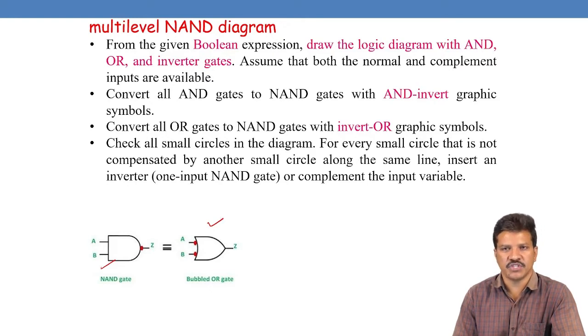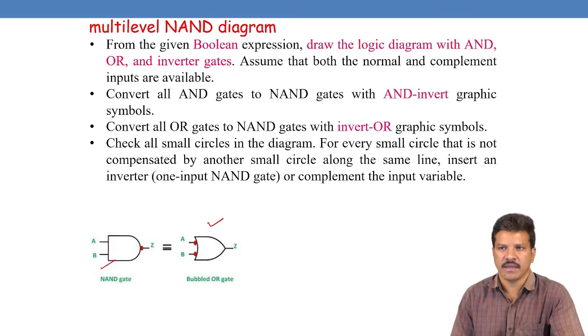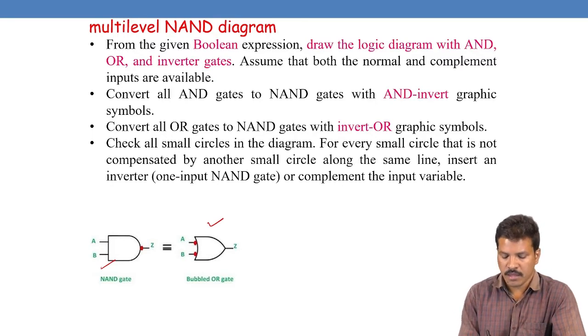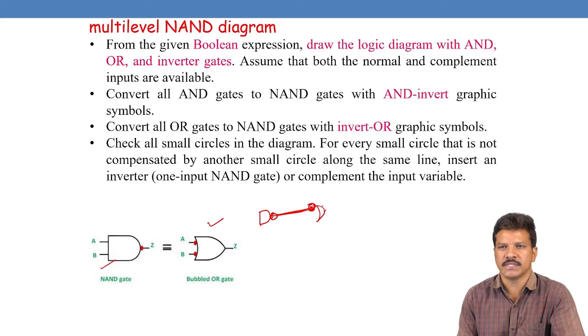Then, third step, we need to check all small circles in the diagram. For every small circle that is not compensated by another small circle along the same line, insert an inverter or complement the input variable. If we connect an AND gate followed by a bubbled OR gate, on the same line we will come across these two bubbles.